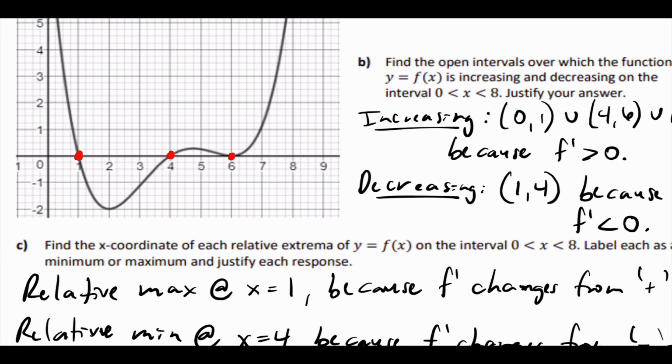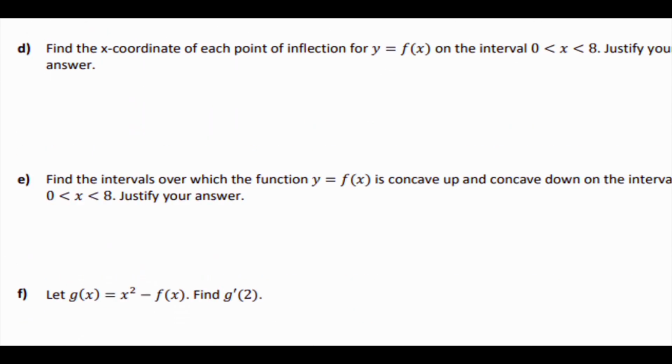It touches. It's considered a critical value, right? But it's not a maximum or minimum. It's not considered a maximum or minimum because it goes positive and then keeps positive. It doesn't cross over to negative. So 6 is neither. It's a critical value, but it's not a relative maximum or minimum.